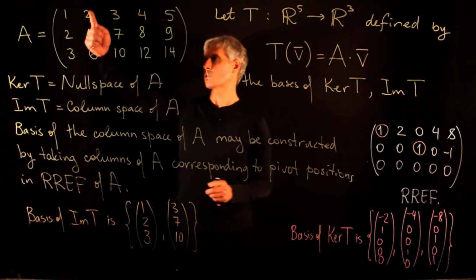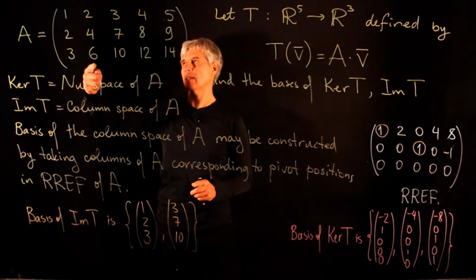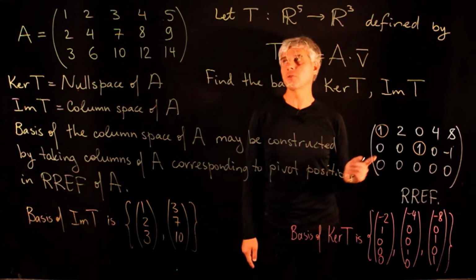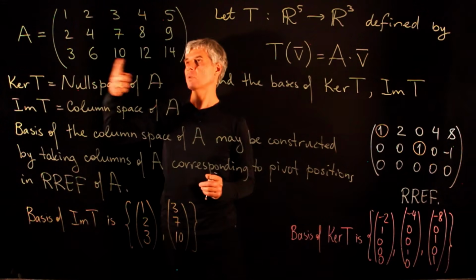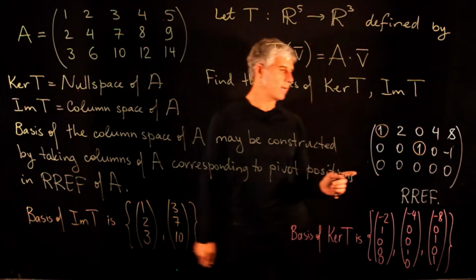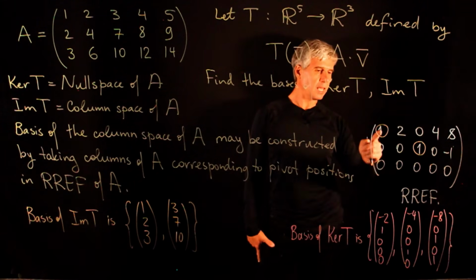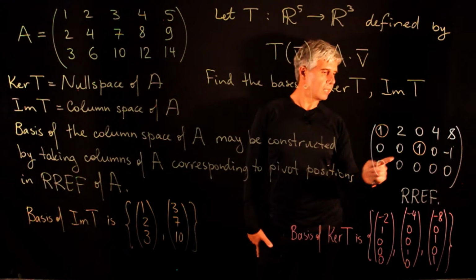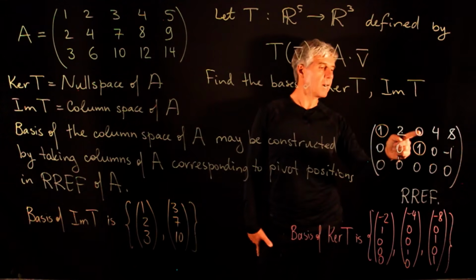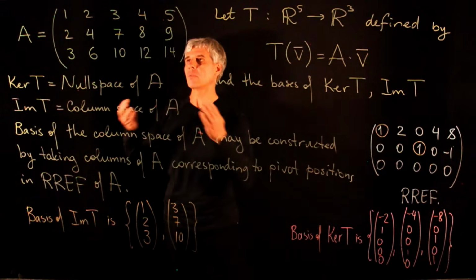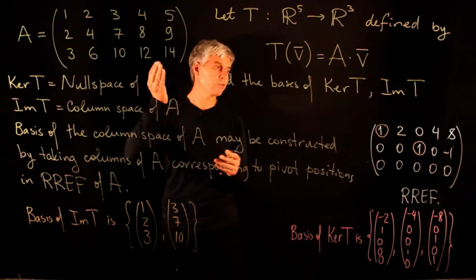The same is true in the original matrix. The second column is twice the first one. Column number 4 is 4 times column number 1. Again, we see that this is true. And column number 5 is 8 times column number 1 plus or minus column number 3. This is no longer obvious, but can be verified.